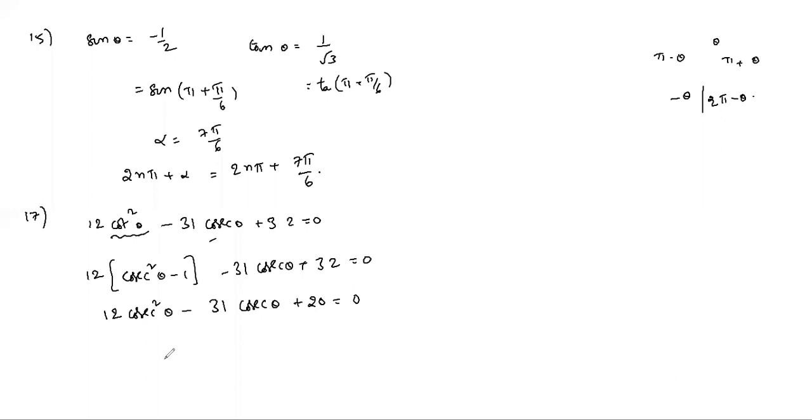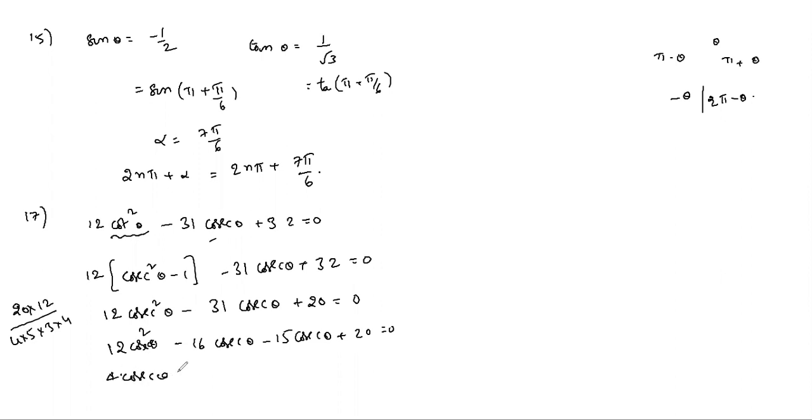What are the factors? 20 into 12, to get 31, 16 and 15, okay. 12 cosecant square theta minus 16 cosecant theta minus 15 cosecant theta plus 20 equals 0. 4 cosecant theta common, 3 cosecant theta minus 4, minus 5 common, 3 cosecant theta minus 4.